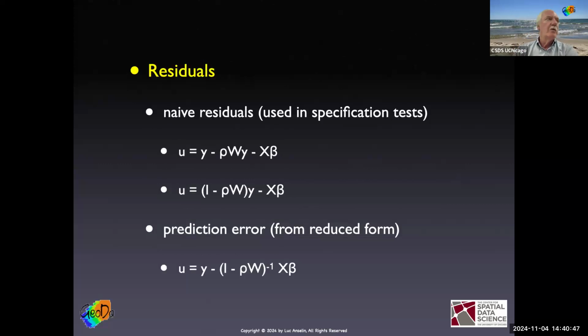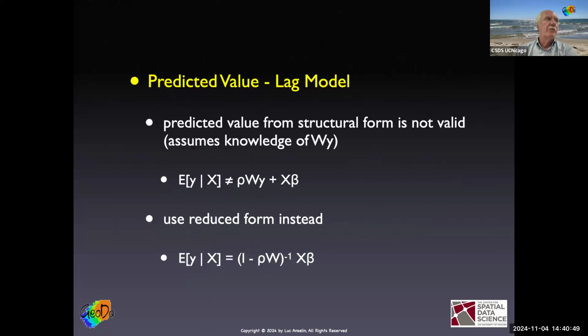Could you go back to the previous slide? This one? Yeah. How do we make sure that the inverse matrix always exists? Okay, good question. So how do we make sure the inverse exists? The key here is the parameter space. Because of the range that we allow rho to be in, and if the weights are row standardized, we can actually show that the inverse always exists.